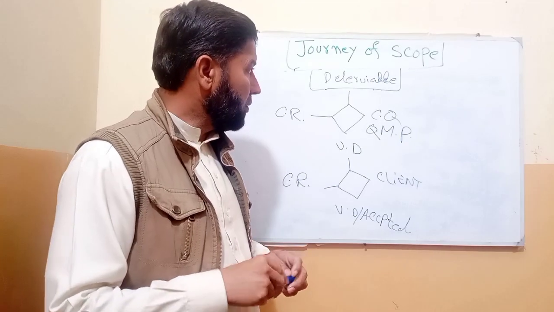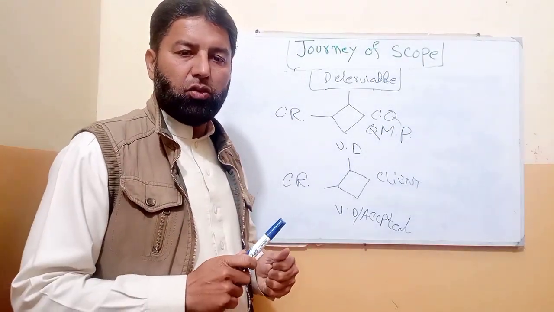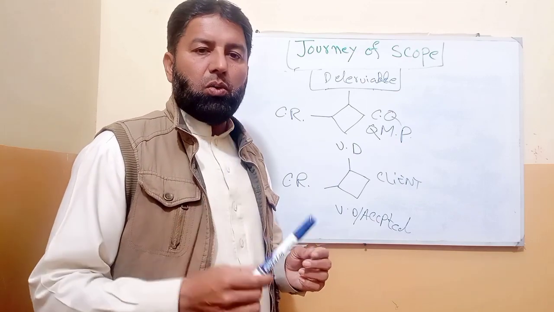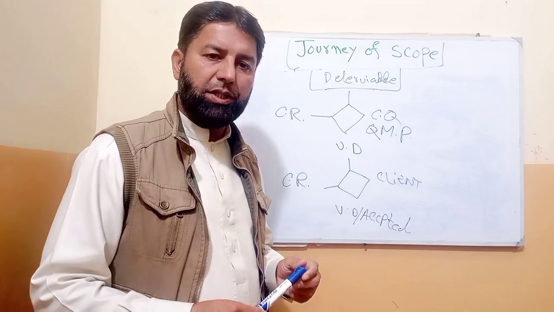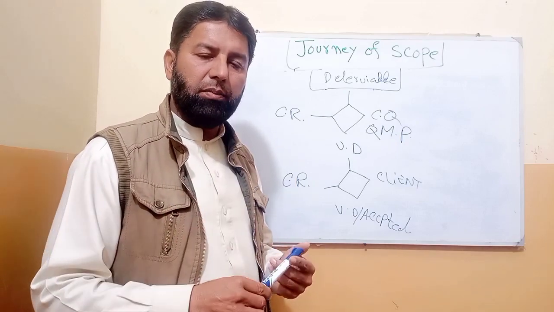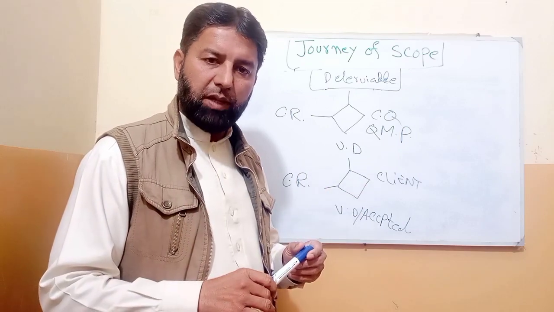I think now everything is clear regarding the scope baseline: how to collect the requirements, how to make requirement documentation, how to make the RTM, requirement traceability matrix, and how to create the scope baseline.